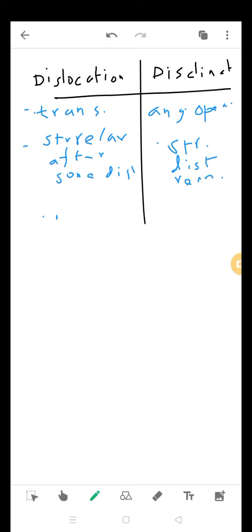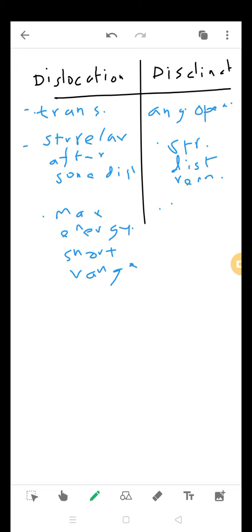And the maximum energy associated with the dislocation is in the short range, where the dislocation is localized.